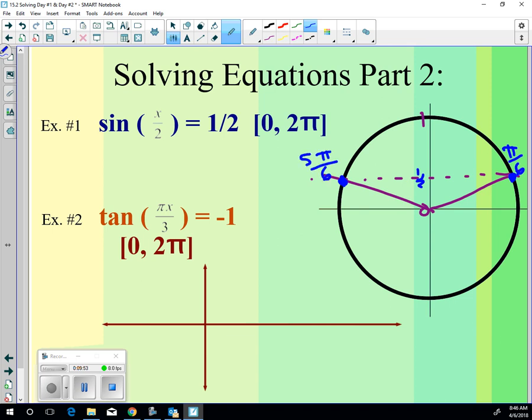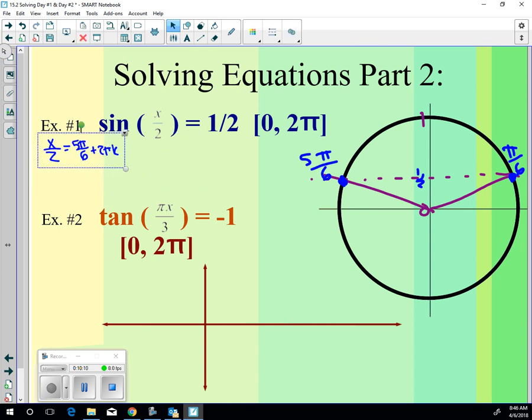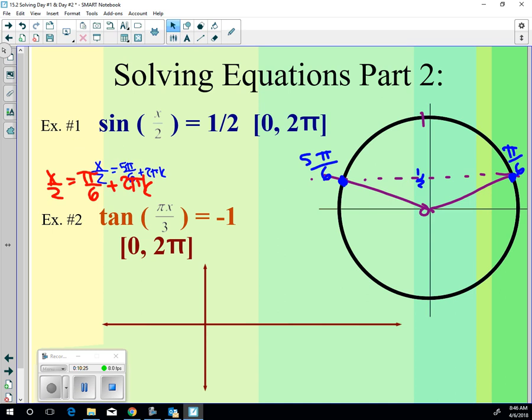5. Good. So what you would do is you'd go x over 2 is equal to 5 pi over 6 plus 2 pi k. That's one. And then the other one is going to be x over 2 equal to, oh, I should have done it, doesn't matter which one you do first, plus 2 pi k. I probably would switch the order here. I'd do this one first.